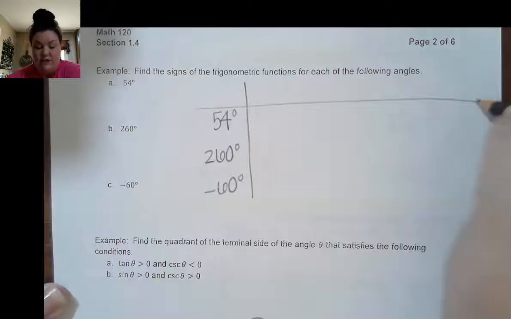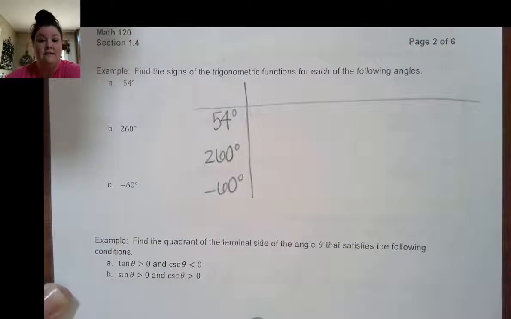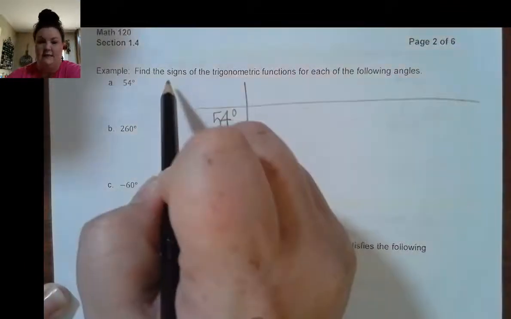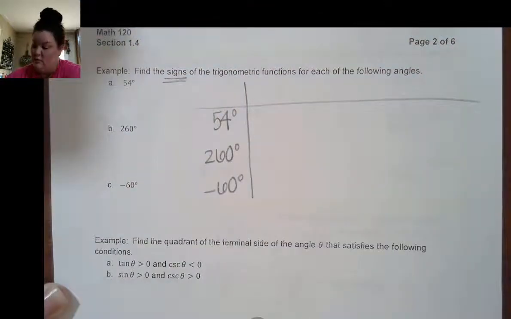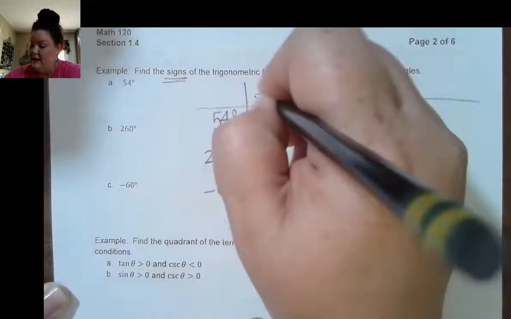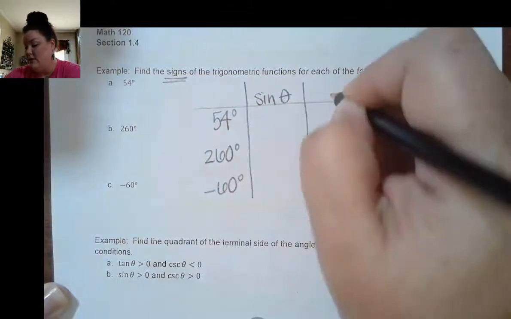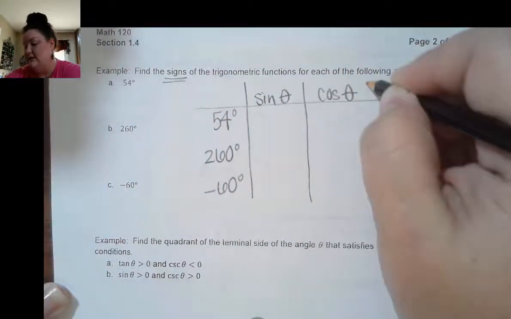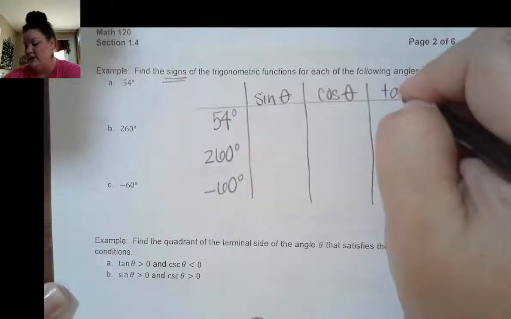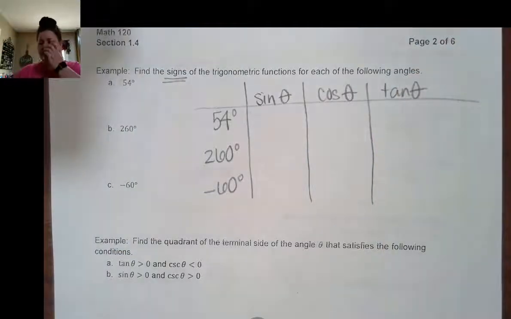And for each of them, we just want to figure out what the sign of their trig function value is, okay? Only the signs, not the actual values. So we want to know what sine theta is, what cosine theta is, and what tangent theta is. And notice, when I'm doing these, I'm not doing cosecant, secant, and cotangent, right?